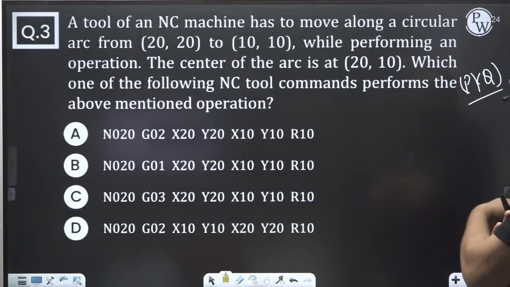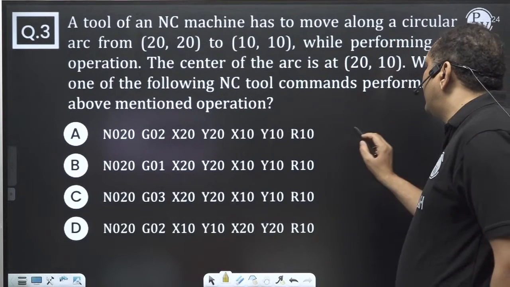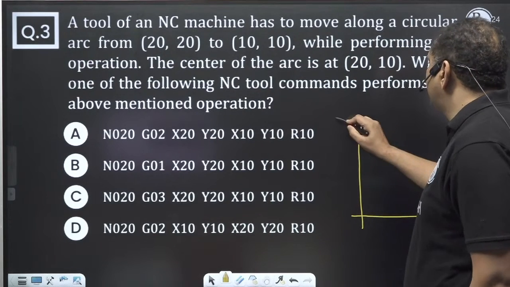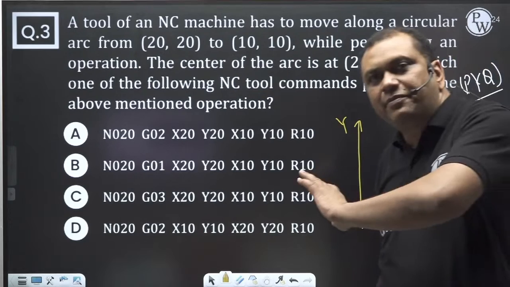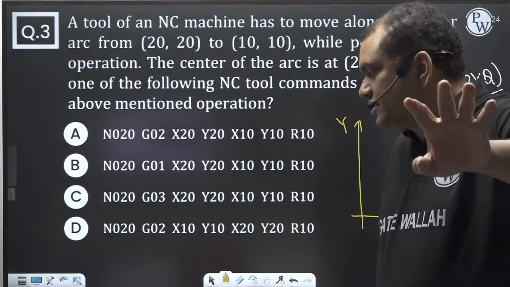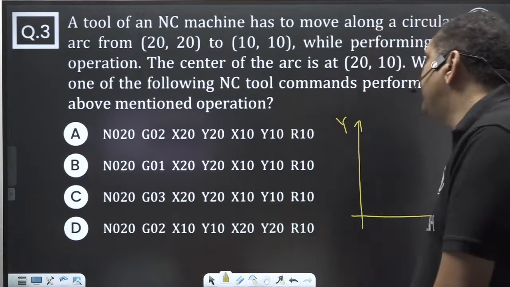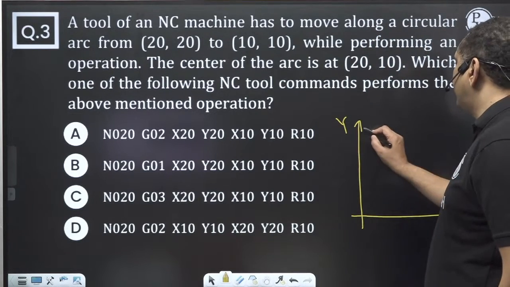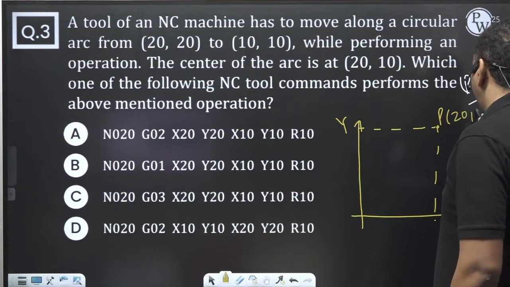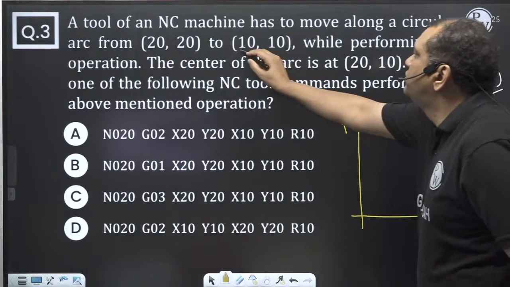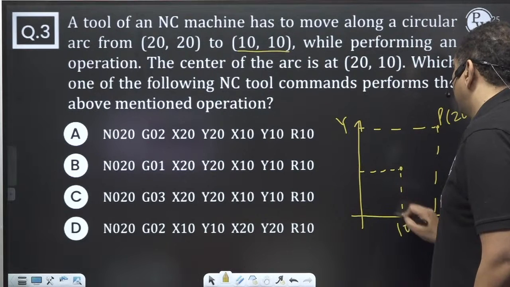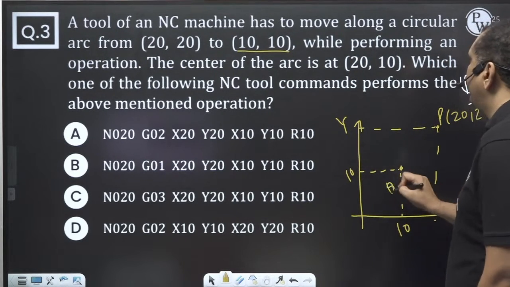A tool of an NC machine has to move along a circular arc. See, for such types of questions, do the construction. It will be easy. From 20, 20 to 10, 10.